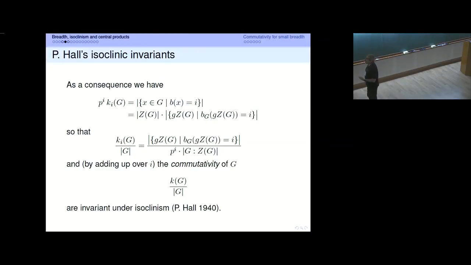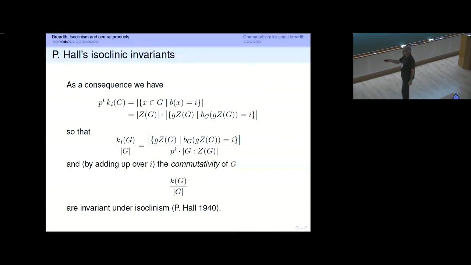Since the center is contained in that, and they are divided into cosets of the center, you can write that number in the way you see there. So you get here the number of cosets of the center of elements of breadth p^i. If you divide by the order of G and by p to the i, you get this expression.